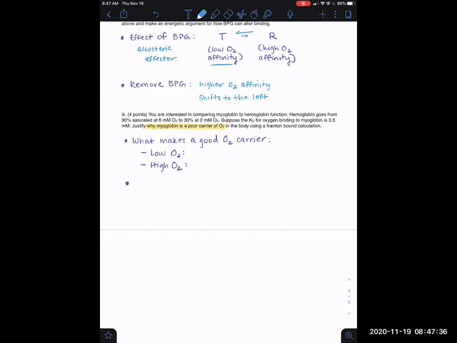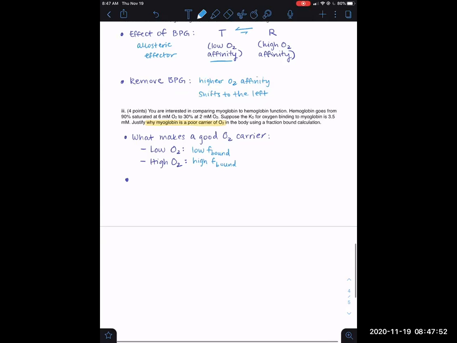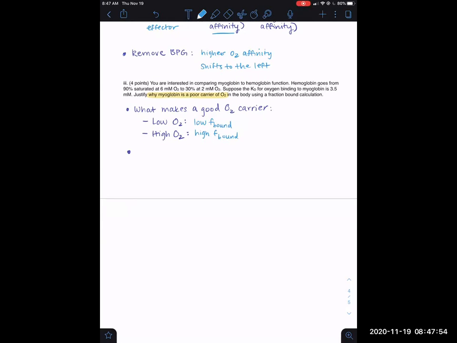So this means that in high oxygen concentrations, a good carrier must have a high fraction bound. And in low O2, it must have a low fraction bound. So we can calculate the fraction of O2 bound by myoglobin at 6 millimolar, the high concentration, and at 2 millimolar, the low concentration.